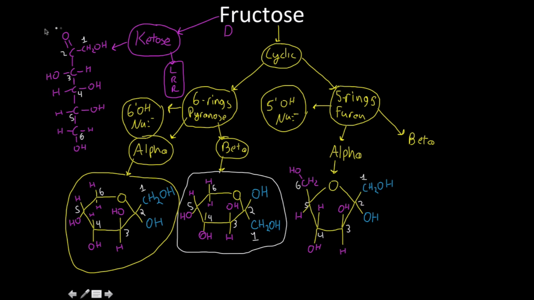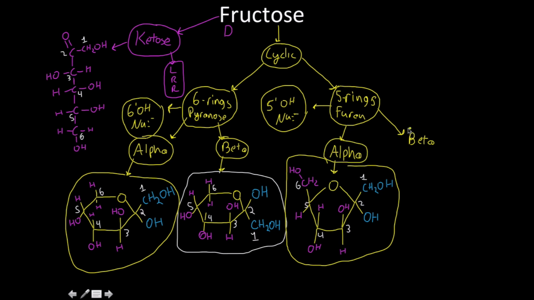Okay, so 1 from there, 2 from there, 3 from there, so on and so forth. And then notice that it's the 5' hydroxyl group that acted as the nucleophile for this reaction. So that's alpha. Let's circle this in gold to make sure that we're not running out of room for any of this.